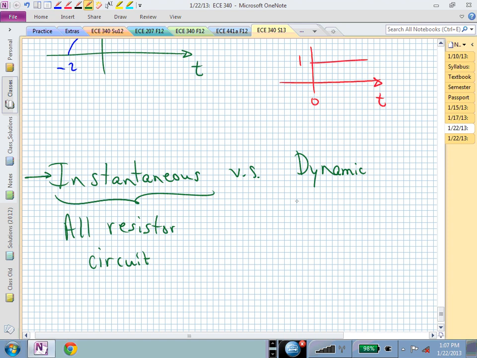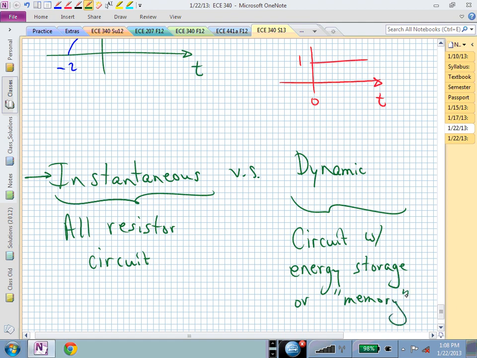If you have a dynamic network, then you have a circuit that has energy storage devices. Things start building up or accumulating or holding on to this energy. So this is now a circuit with energy storage, or I might even say it has memory.